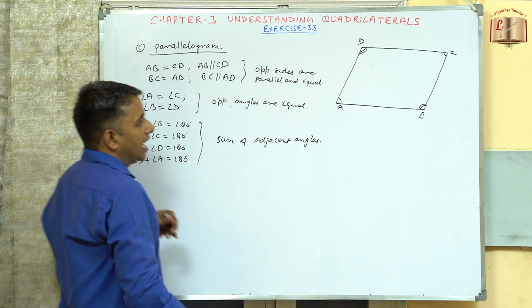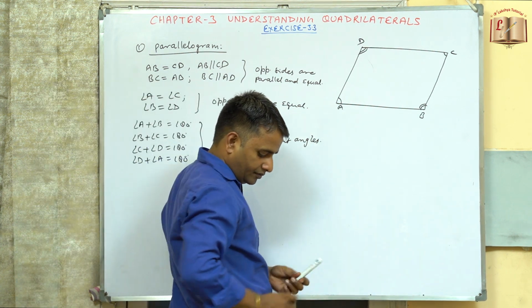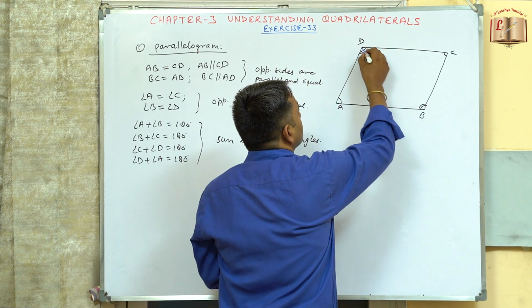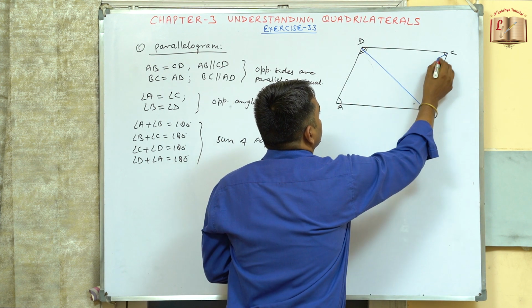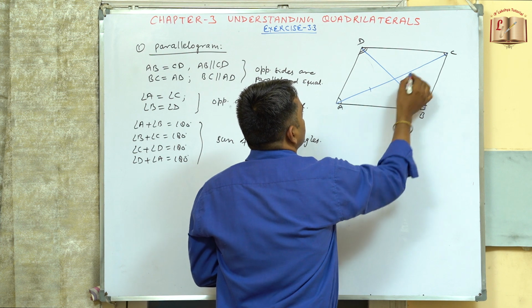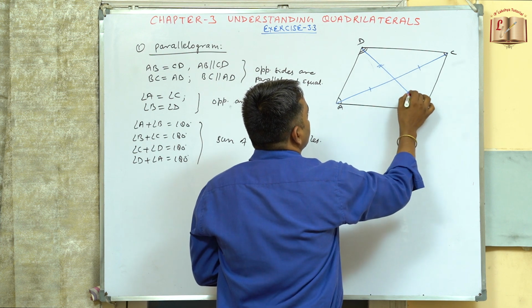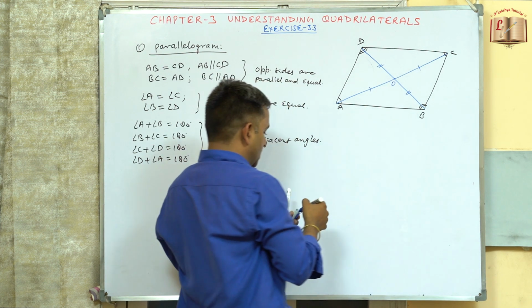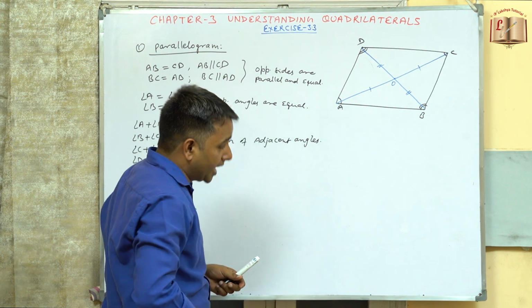Now coming to the diagonals of this, this will be equal to this and this will be equal to this. So this is the intersection point of the diagonals.